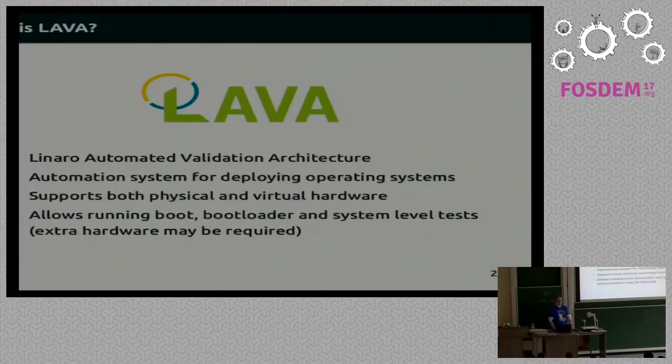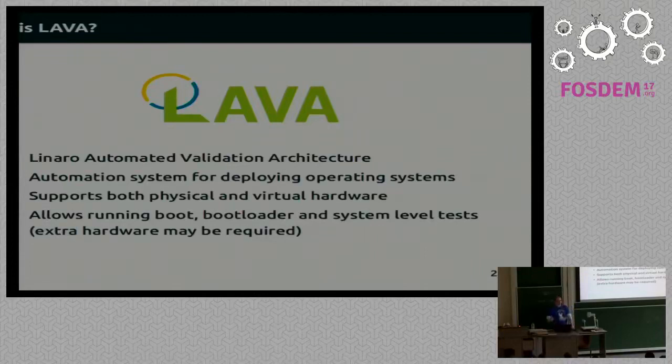So what Lava actually is? Lava stands for Linear Automated Validation Architecture and serves as an automation system for deploying operating systems on not only embedded Linux devices, but also any kind of emulator or virtual device.